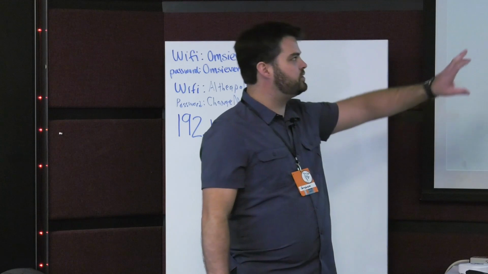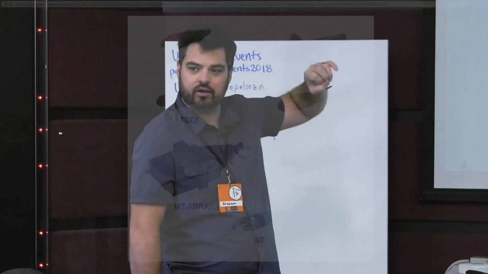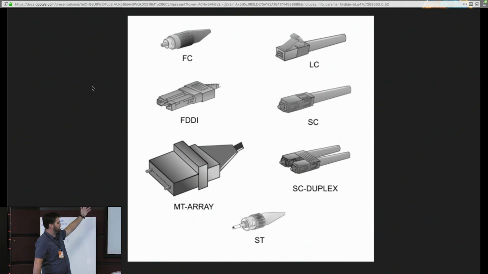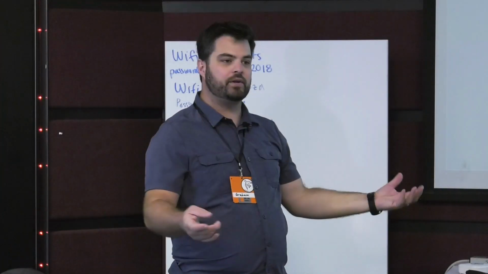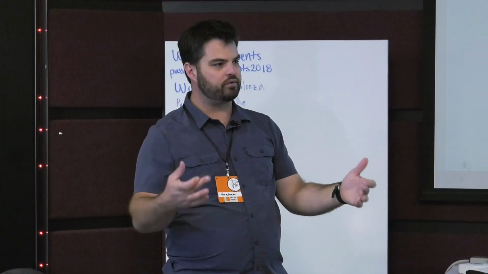Usually these are examples of different styles of fiber connector. Some of you might recognize these, maybe some of you don't, that's fine. And so if you're buying a fiber connection, usually they're going to give you basically a cable, and the end of it is going to look something like this. If you're buying an Ethernet connection, I think we're probably more familiar with those.